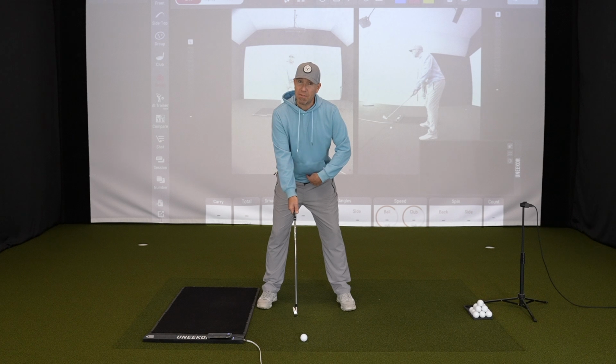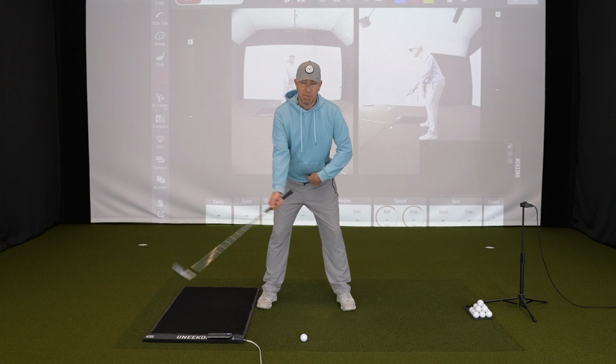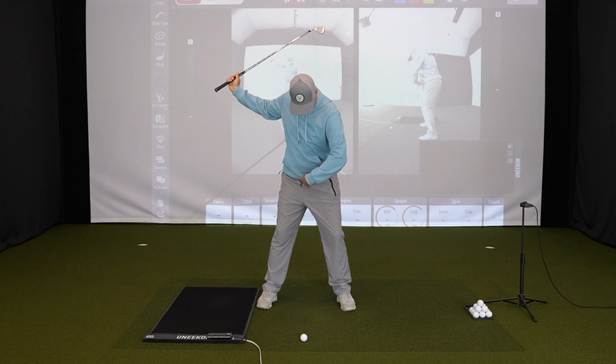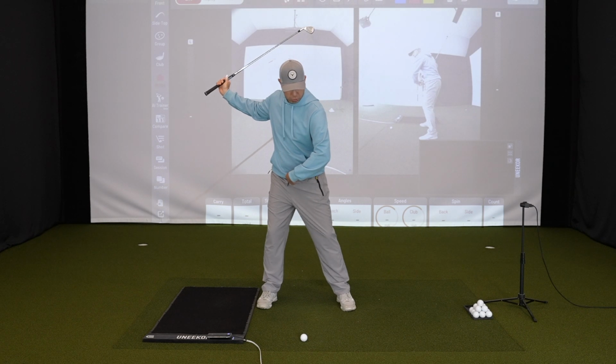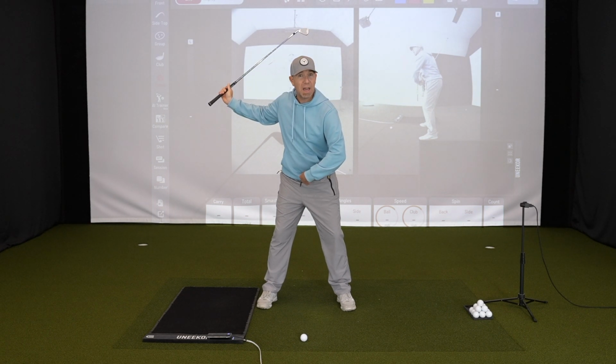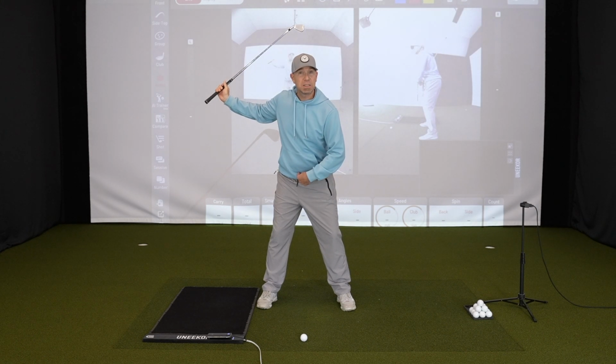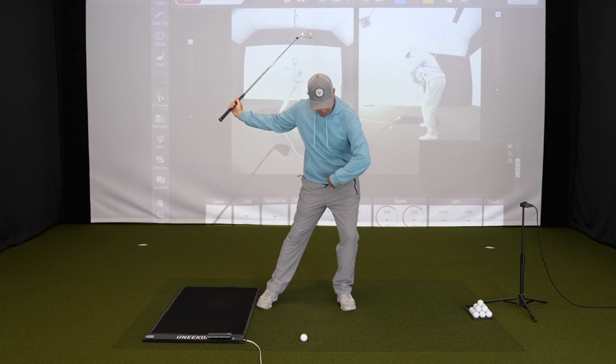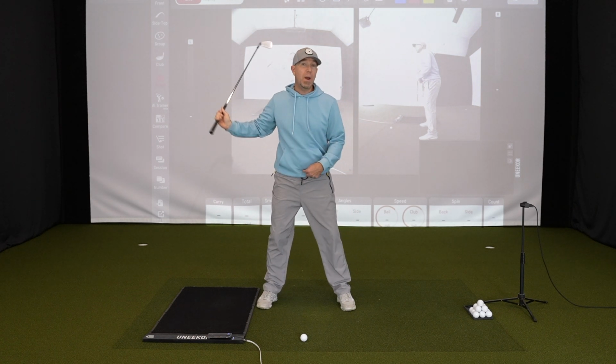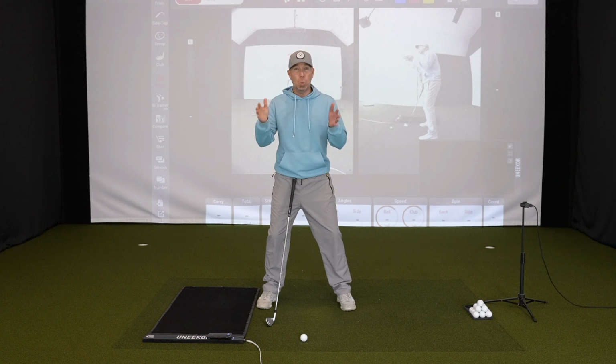Now, you can still have a player, like I said at the beginning, that has a good move to the top relative to minimal drift or pelvis slide, but there is a long ways to get this guy to where that brace is. So you'll see a lot of this move in a swing when someone has too wide of a stance.